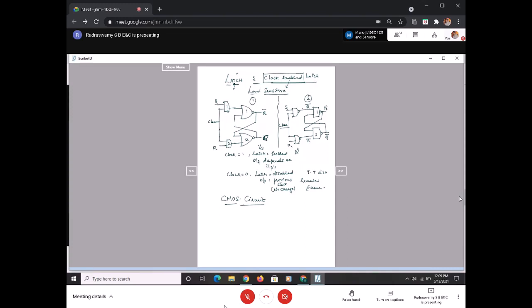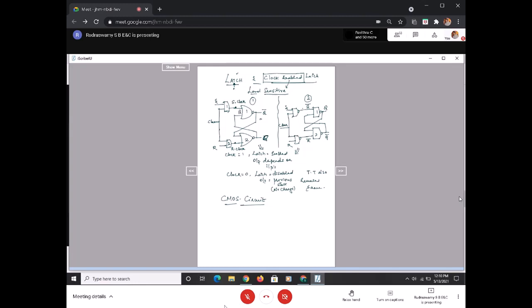Now tell me, what is the relation between output Q bar and the inputs? Its input, NOR gate 1. Is it something like S dot clock? Yes or no? Is the output of AND gate 1 S dot clock? Similarly, the output of AND gate 2 is R dot clock? Yes.